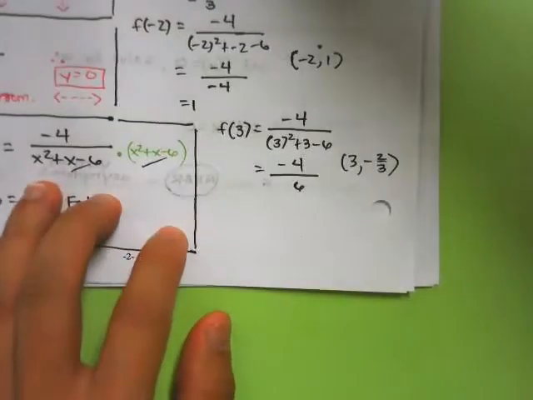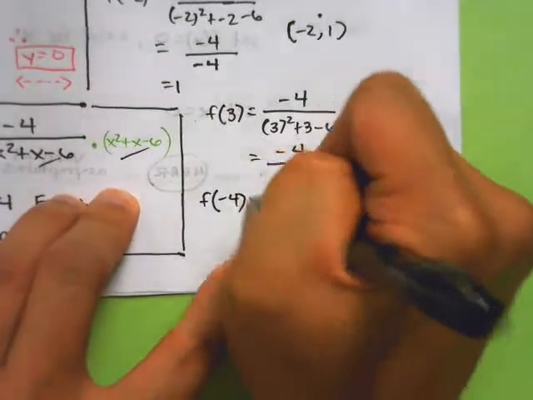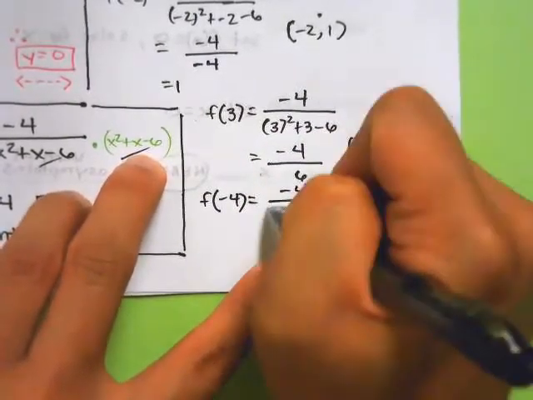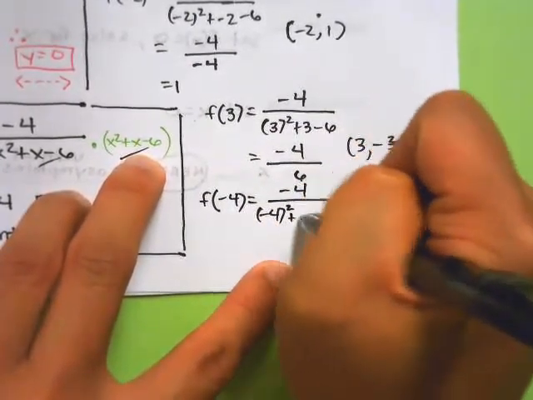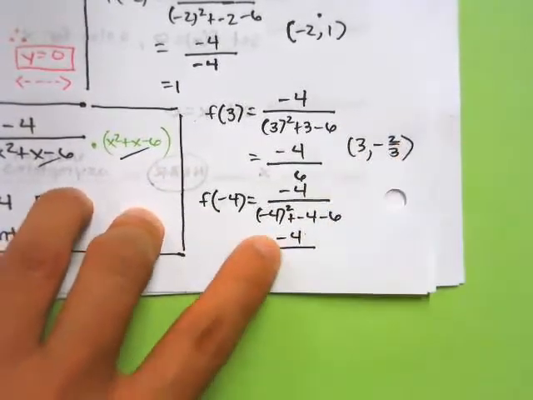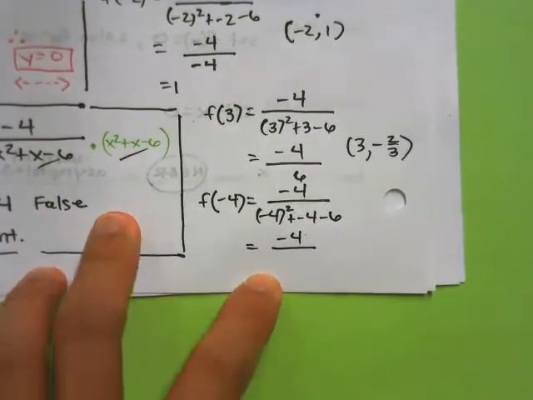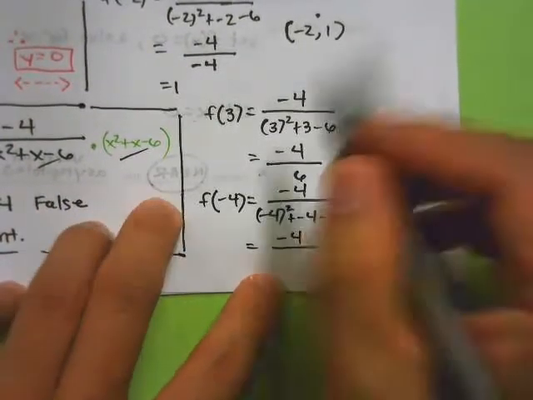I'll plug in negative 4 and see where that goes, just to solidify that it needs to go on the bottom left. So negative 4 over negative 4 squared plus negative 4 minus 6. Let's do that. Negative 4 times negative 4 is 16. 16 minus 4 is 12. 12 minus 6 is 6.